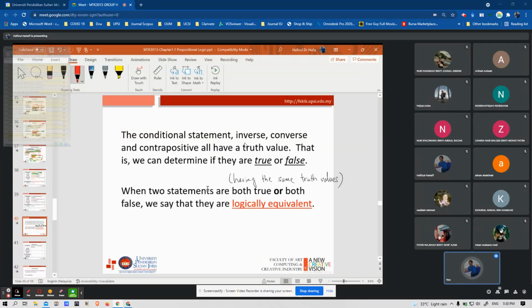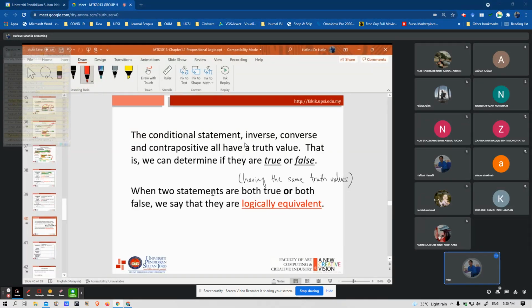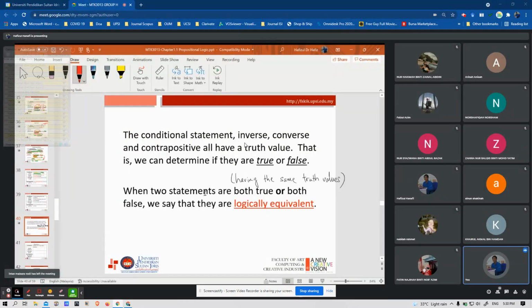Okay, the conditional statement, inverse, converse, and contrapositive all have truth values that we can determine, true or false. Please remember the conditional statement. When two statements are both true or both false, we can say that they are logically equivalent.